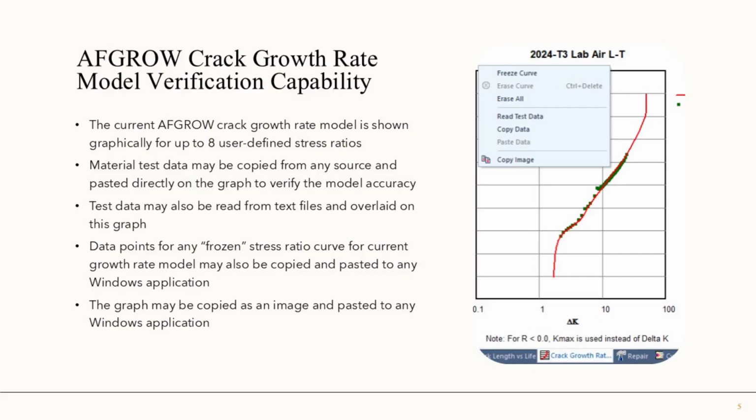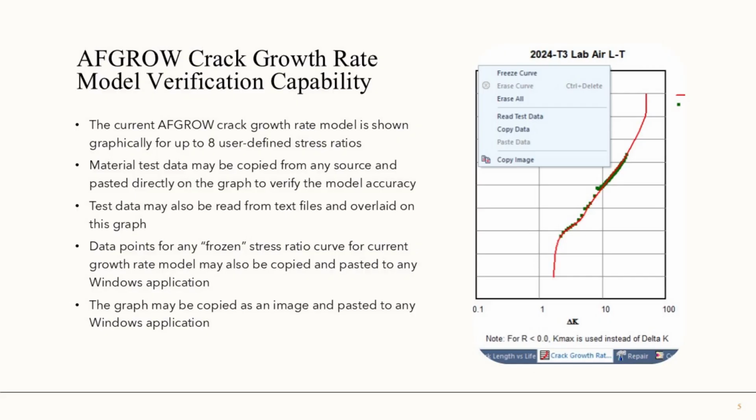So talking about crack growth rate, the reason AFGROW exists is because at the time I started, the crack growth codes that were available didn't have any good way for anybody to validate a model. You would choose a model and just say, well, that's my model, that's what I'm going to use, and you would never be able to compare it to actual raw data.